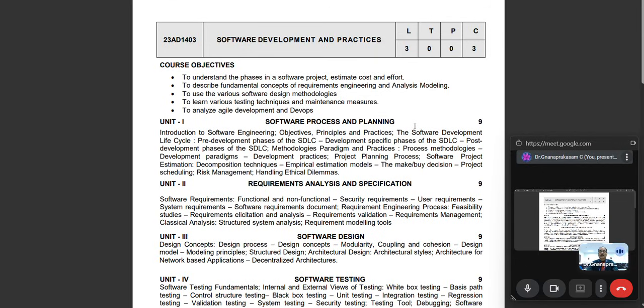From that point of view we go for testing techniques. In software testing fundamentals, we have two different fundamentals: the internal and external view of testing. After that, the major classification is two kinds of testing: white box testing and black box testing.